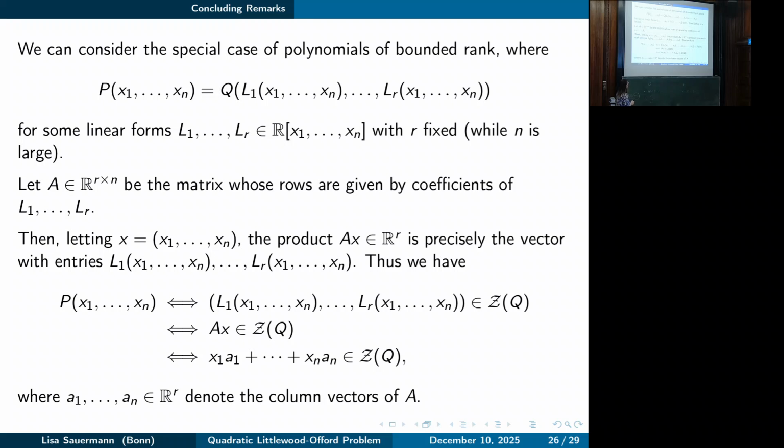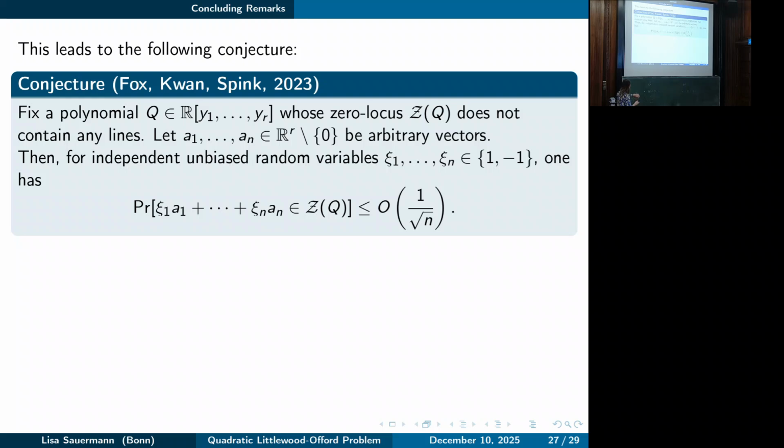And that you can express as x1 a1 plus and so on plus xn an lying in the 0 set of this polynomial, where these are the column vectors of the matrix. If you didn't follow this, don't worry, the rest is simple linear algebra. In this special case, we can transform the problem of when this becomes 0 into the problem of when an expression of this form lies on the 0 locus of this polynomial.